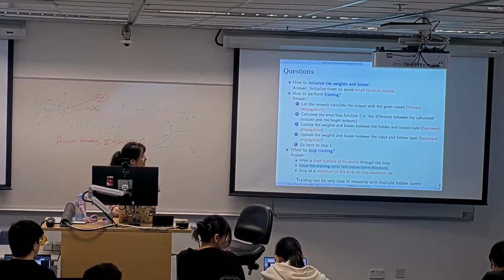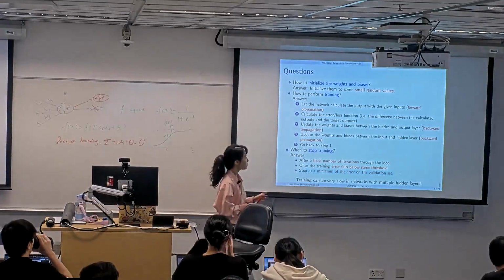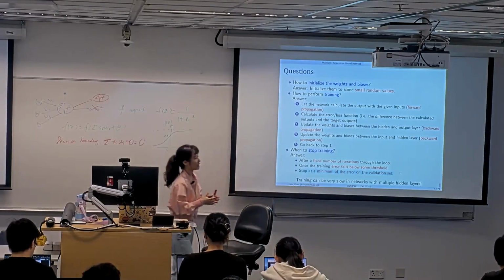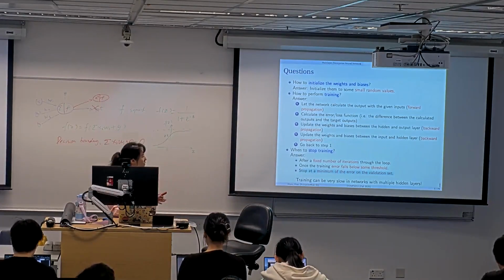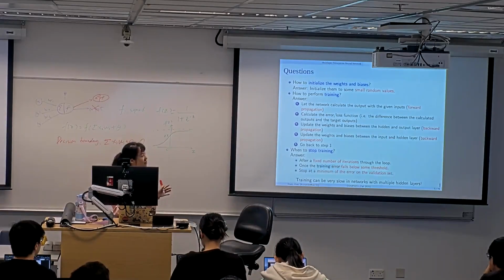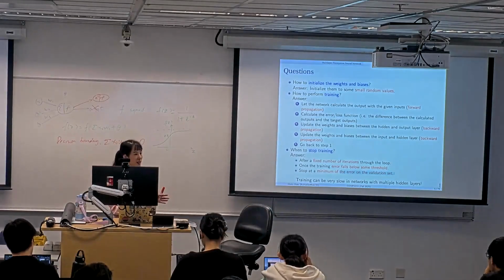The third possible stopping condition is that we stop at a minimum error on the validation set. And then you may ask, what is the difference between the second one and the third one? Notice that the second condition is considering the training error, but the third condition is considering the error on the validation set.